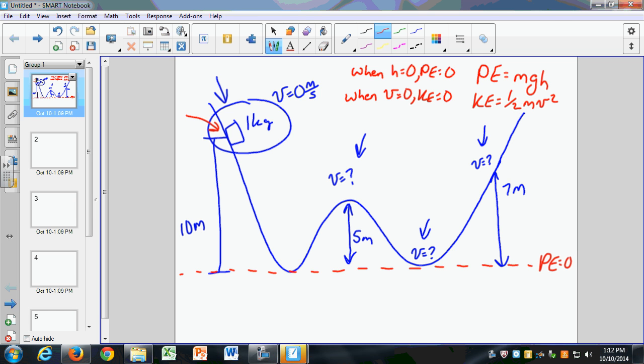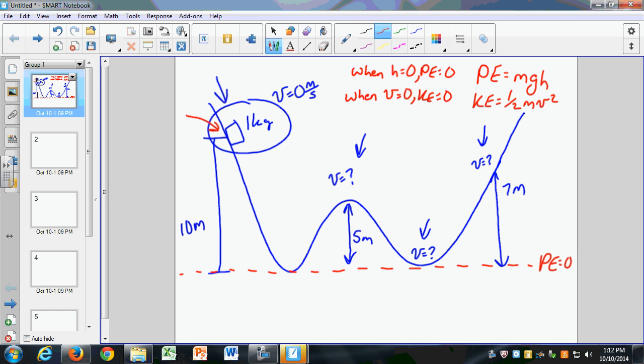So whatever the difference is between the potential energy here and the total energy it had over there, it's going to have as kinetic energy. So it'll have some potential and some kinetic. Here it's going to have all kinetic energy, no potential energy at all. So the kinetic energy it has here will be equal to the amount it has up here.